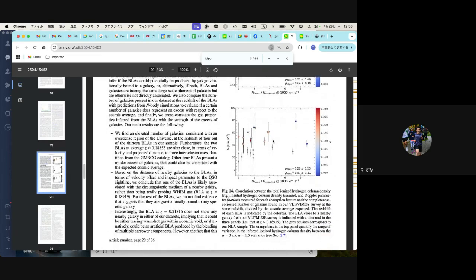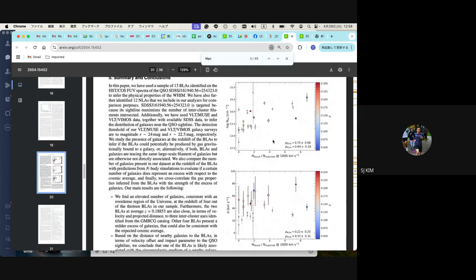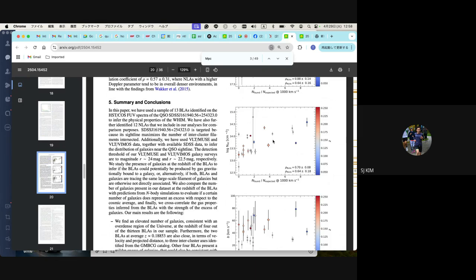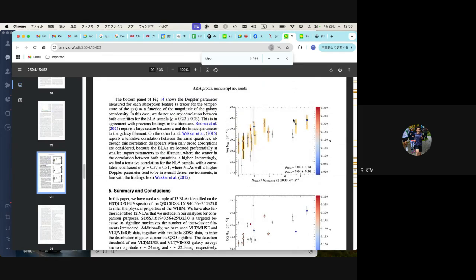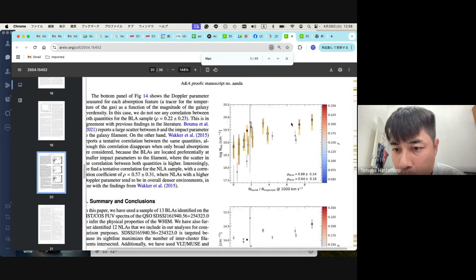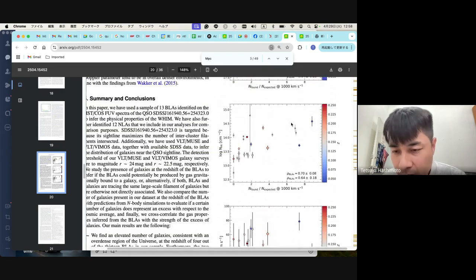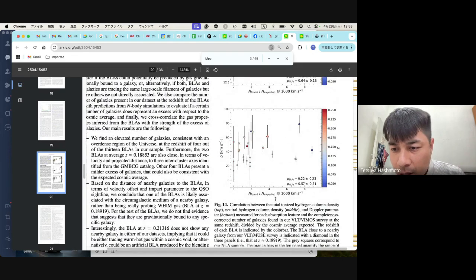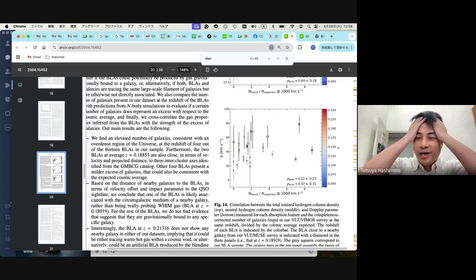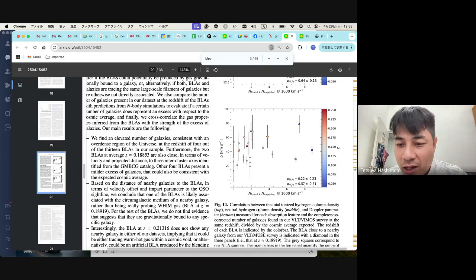So I would say if you consider this impact parameter, then the scatter on this plot may be reduced. Yes. I think yes. And then sorry, Tomo-san, I forgot. I was initially thinking the same way. And then I think they are able to calculate impact parameter.